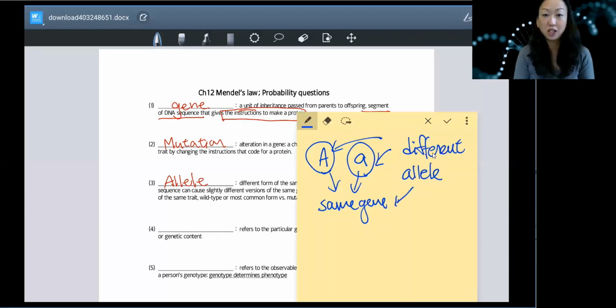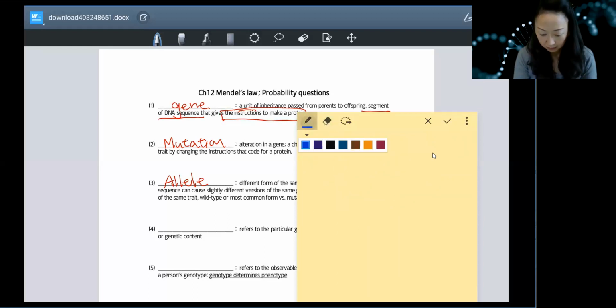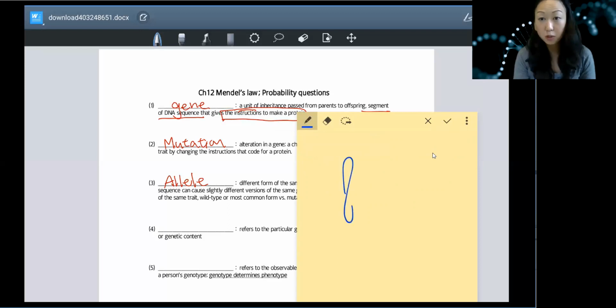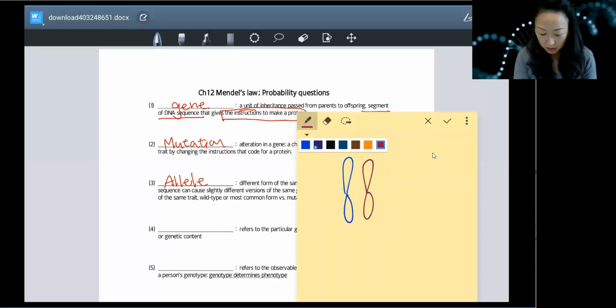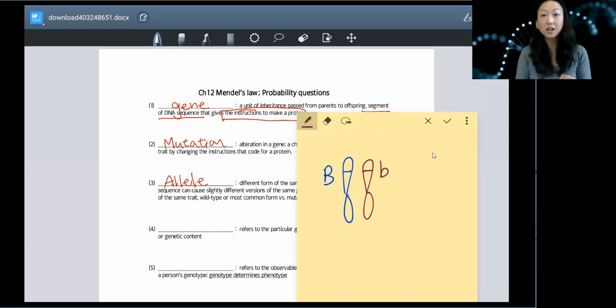Of the same gene. Okay, so let me explain that a little bit further. For example, you got your chromosome 1 from dad, and you got your chromosome 1 from mom, right? Dad's chromosome says black hair, and mom's chromosome 1 also has the same gene for hair color, but mom says blonde.